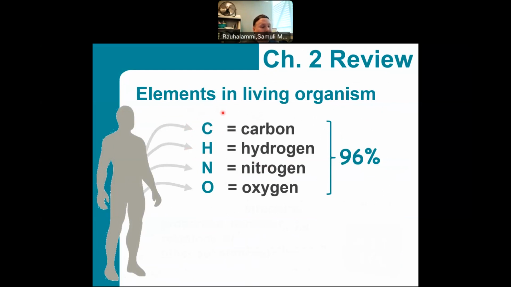As such, nitrogen and oxygen are also seen in great quantities in living organisms, and together these four substances form about 96% of all living organisms. So you'll see that understanding especially these elements becomes important as we're trying to understand life, and understand the basic building blocks behind anatomy and physiology.